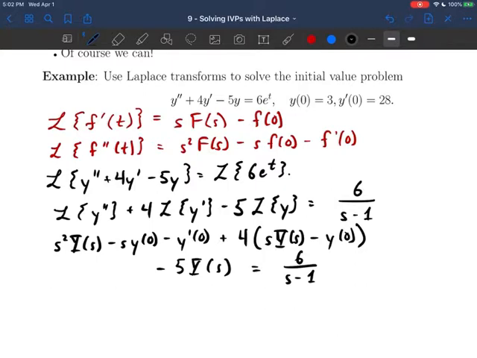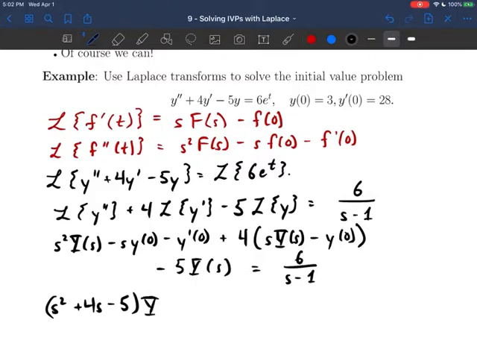All right, so what we want to do is change the derivatives into algebraic operations, multiplying by s. It means that capital Y appears in several places here, but never with a derivative. So we can just gather those capital Y's together and solve for Y of s. So first of all, we gather terms.